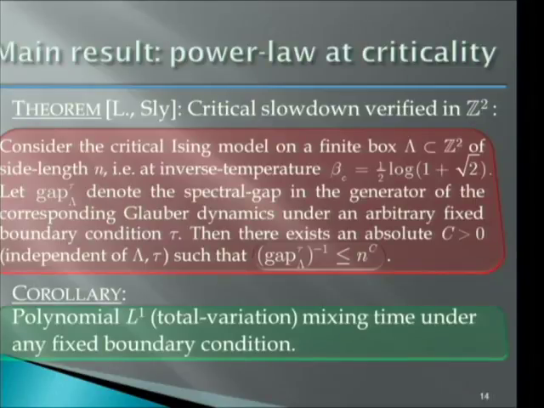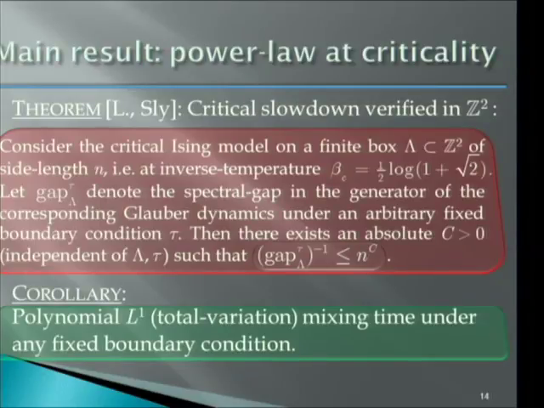Okay. Finally, we get to the main result. As the title of the talk suggested, in this work with Allan, we show that at criticality, which is this inverse temperature, 1/2 log of 1 plus root 2, the inverse gap, regardless of the boundary condition tau, regardless of what you impose on the boundary of your Ising box, is at most n to the c for some absolute constant c.